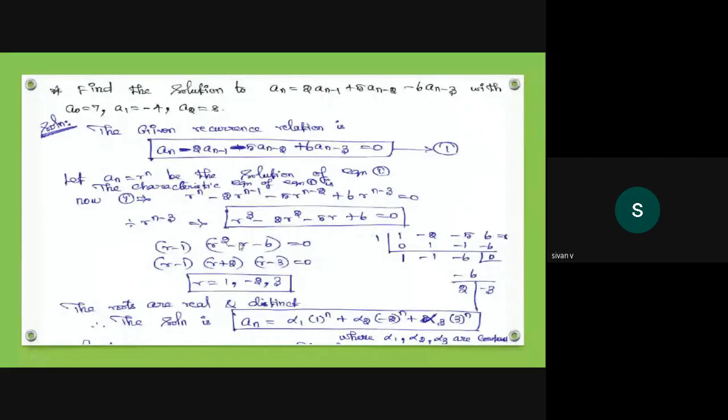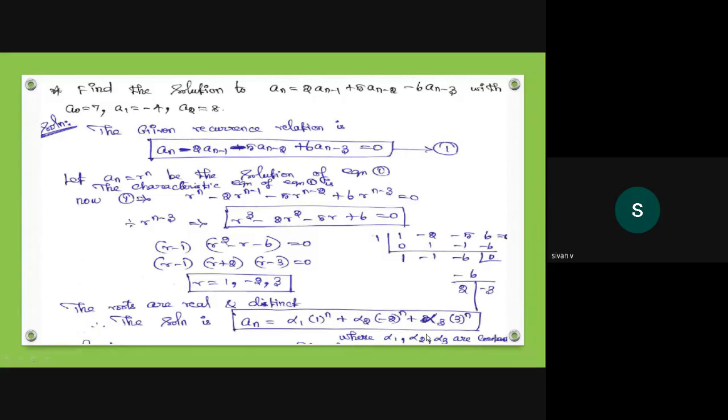Second, n = 1. Substitute and tell me. This a1, the left hand side is -4, and the right hand side, just put 1 for n: alpha1, then minus 2 alpha2, and 3 power 1, so 3 alpha3.